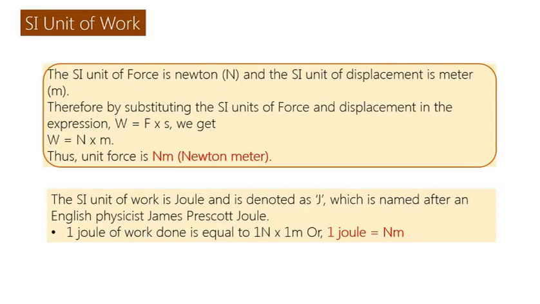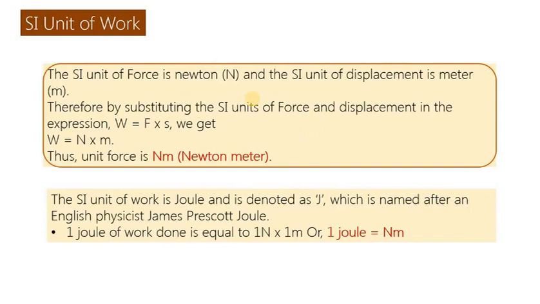Right, so it's also important that we know the unit for work. What is the unit for work? We are obviously going to get the unit of work from the quantities that are involved in calculating work.